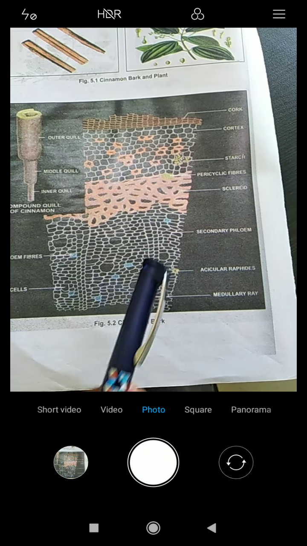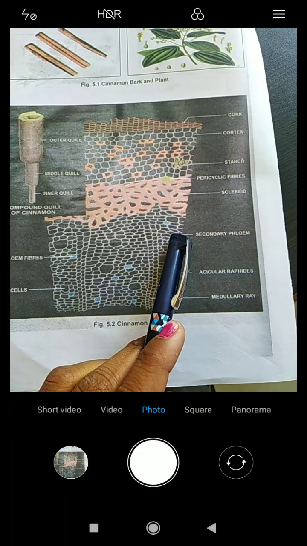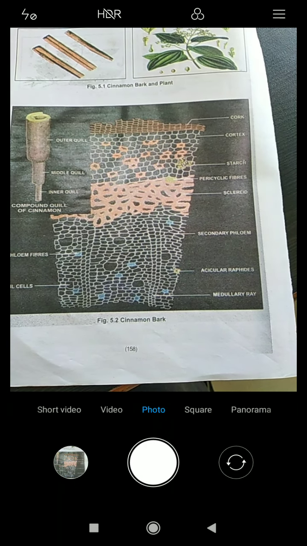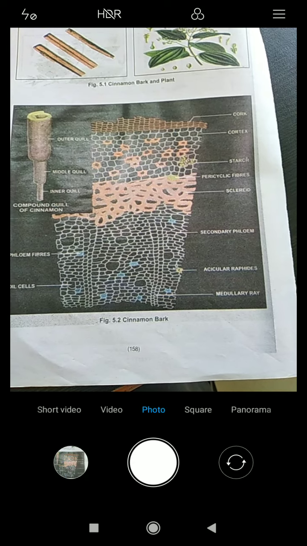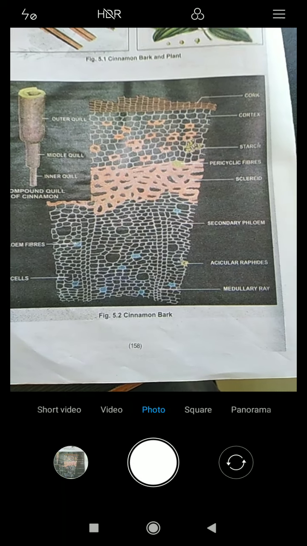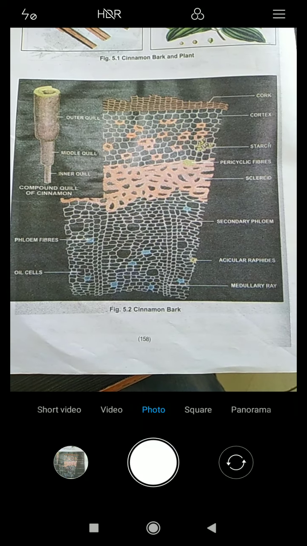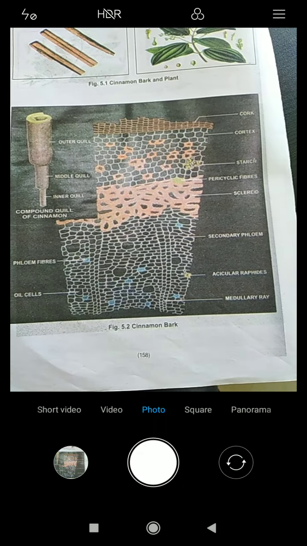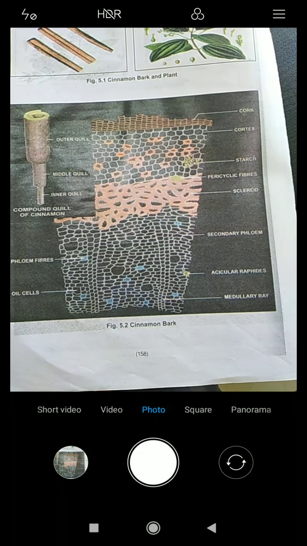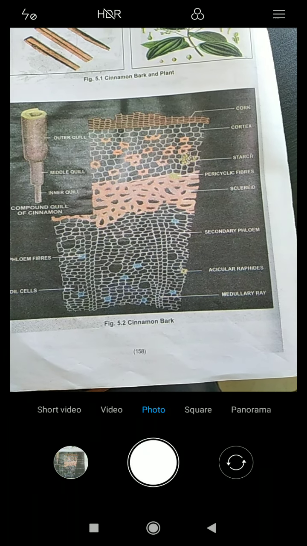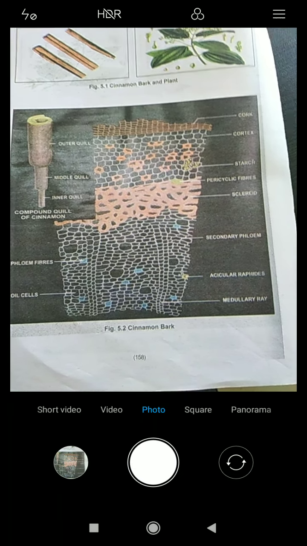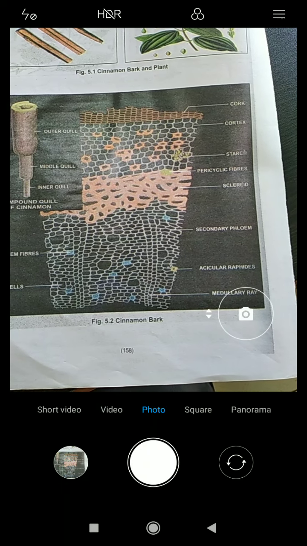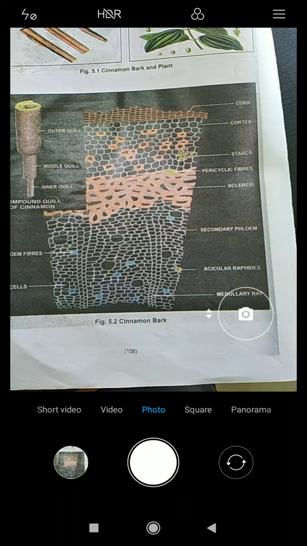Then secondary phloem. It is parenchymatous, few cells contain acicular calcium oxalate crystals and starch grains, with diameter up to 10 micro. Then medullary rays. These are biseriate, narrow at the inner side, wide at the sclereid side, and contain starch and acicular raphides.